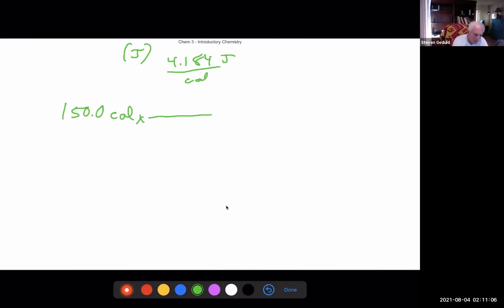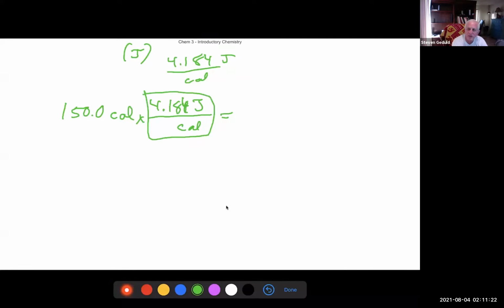So calories go on the bottom, joules go on top. How do I make this equal to 1? 4.184 joules is equal to 1 calorie. So this is multiplying by 1. We're not changing the value, we're simply converting different units. Calories cancel. Those are our 2 steps. Make sure our units cancel and make sure everything is always multiplied by 1.